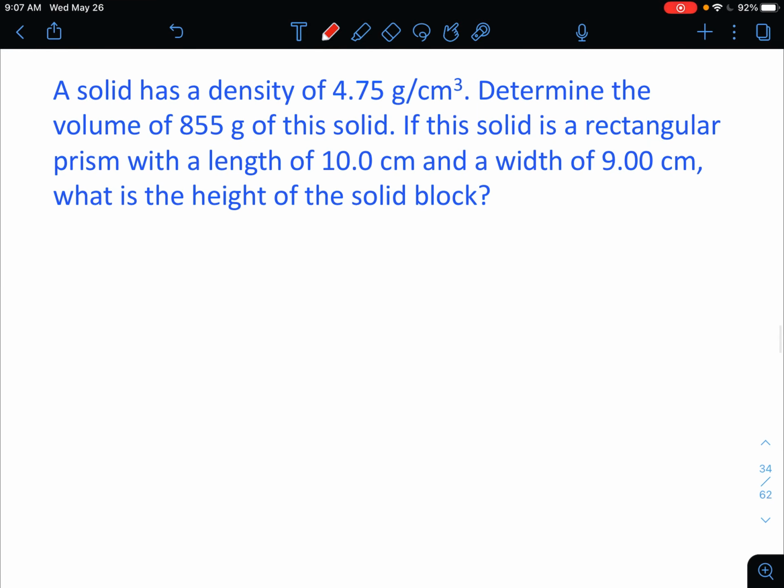Okay, let's see what's happening here. A solid has a density of 4.75 grams per centimeter cubed. Determine the volume of 855 grams of this solid. The second part is a follow-up to the first part, so let's see what we can do with the first part.